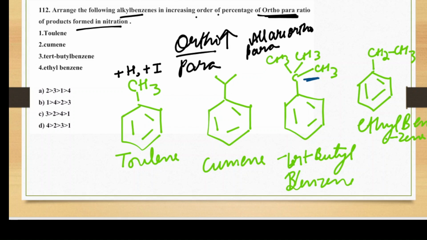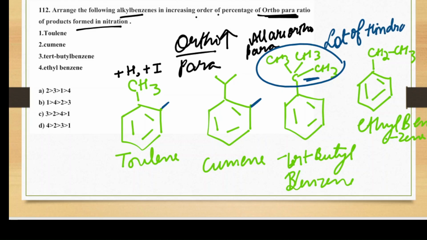So what is going to happen? If you are doing nitration at the ortho position, the attack will take place to a lesser extent, because this tertiary butyl group is a very large group and will create a lot of hindrance.